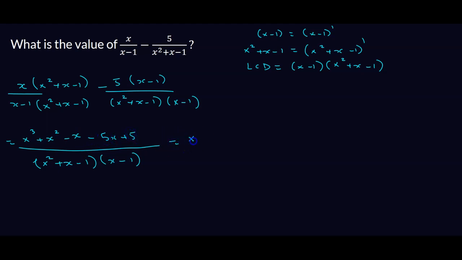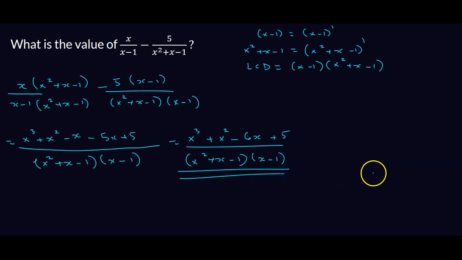So this is going to be x cubed plus x squared minus x minus 5x, which is minus 6x, and then plus 5, divided by x squared plus x minus 1 multiplied by x minus 1. So that is going to be the answer that we're going to use here.